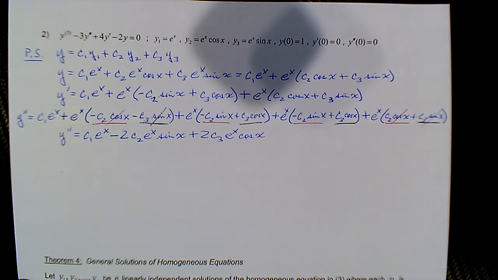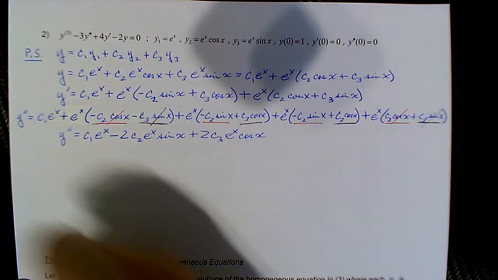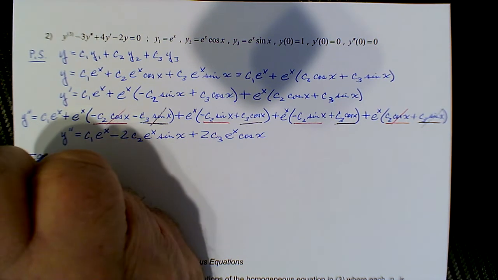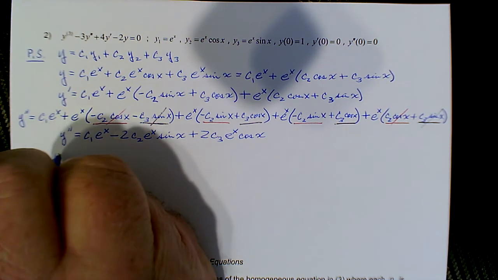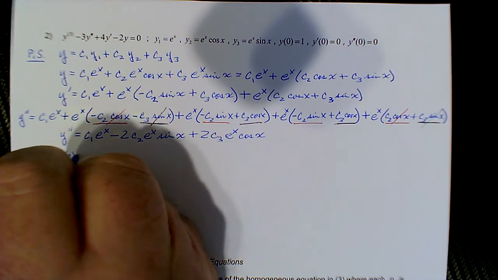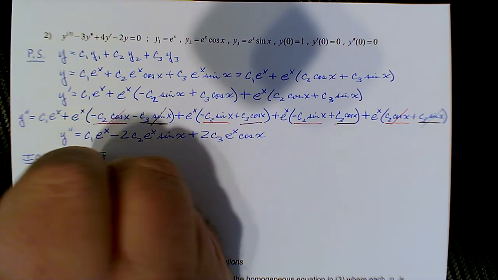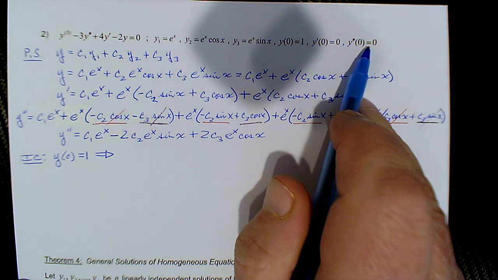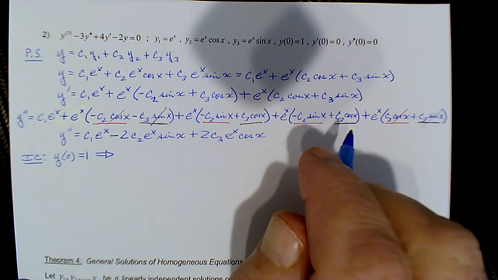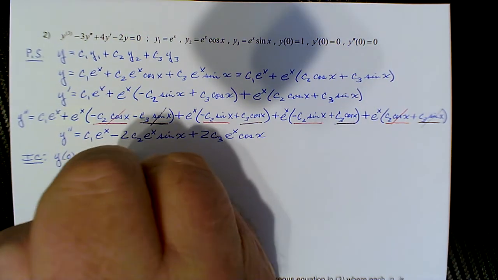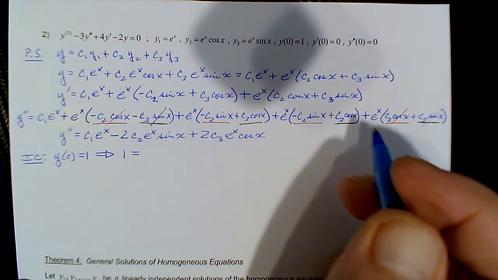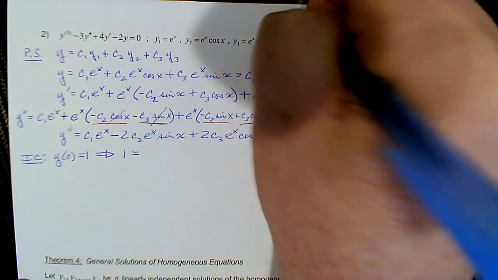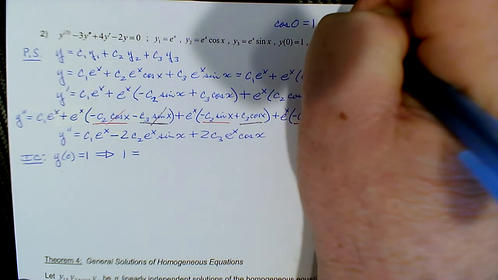And now for the initial conditions. Okay, y of 0 was given to be 1. So that's obviously from up here are the initial conditions. So y of 0 equaling 1 means that 1 is equal to, now remember that the cosine of 0 is 1 and the sine of 0 is 0.